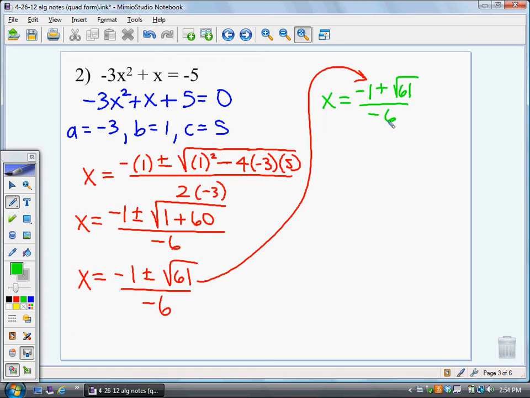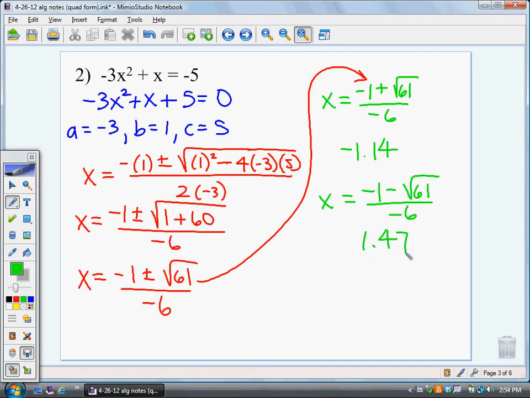If you do it correctly, you're going to get that this is negative 1.14, and then your other option, remember, is negative 1 minus the square root of 61, all divided by negative 6. And again, type in negative 1 minus the square root of 61, hit equals, then hit divided by negative 6. If you do that correctly, you're going to get about 1.47 and you round to the nearest hundredth.